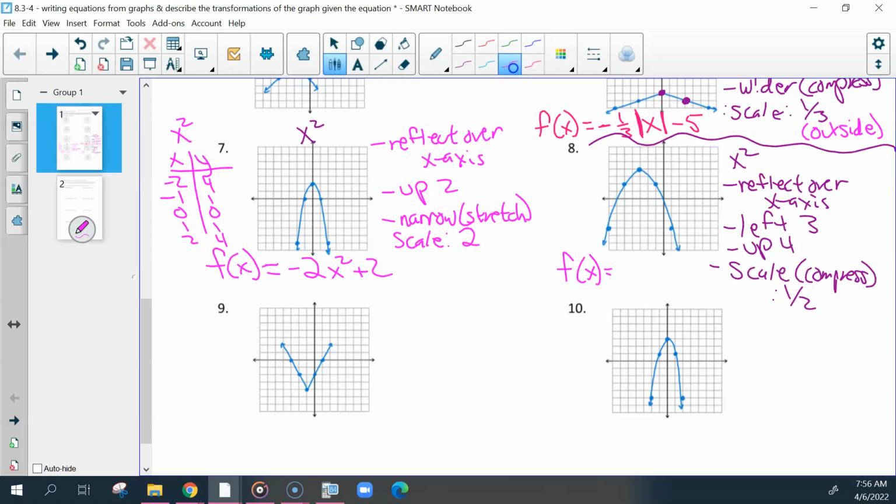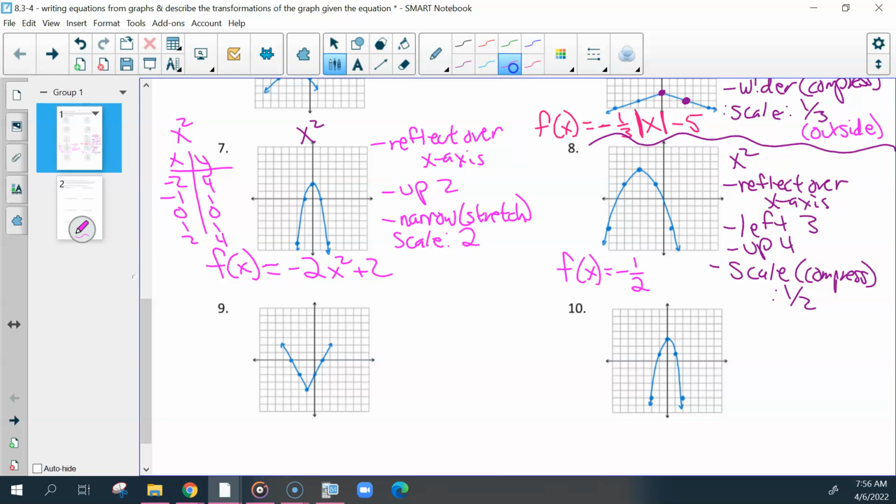So then how would we write this equation? Negative 1/2. Here we have the left, so we're going to have stuff on the inside.